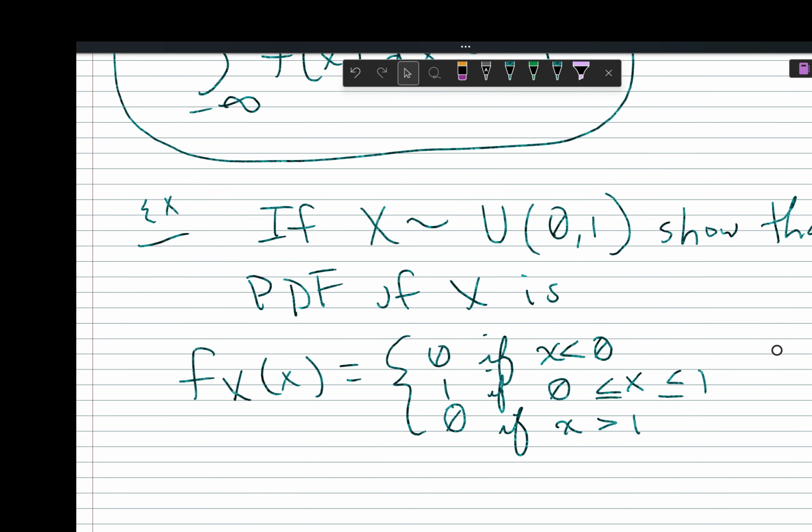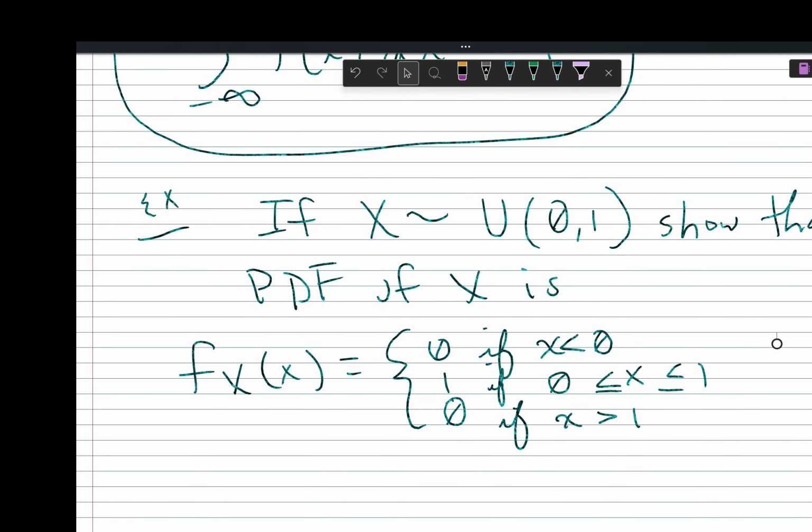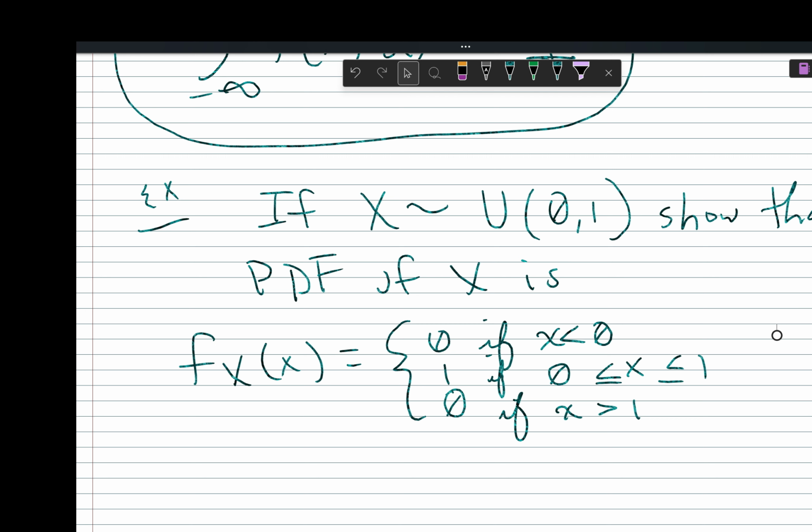So since all the area under this function corresponds to the interval 0 to 1, the area above any interval from A to B equals the area above the intersection of the interval A to B with the interval 0 to 1. So it suffices to show that the definition does hold for intervals from A to B with A and B both between 0 and 1.